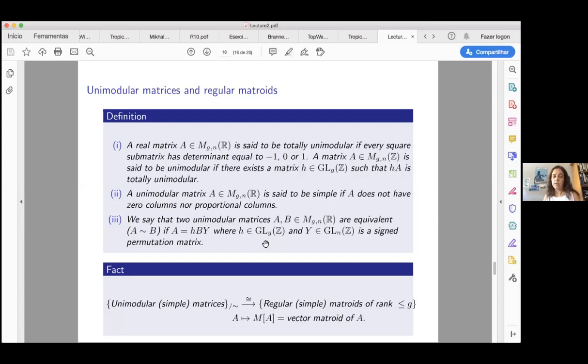So the importance of unimodular matrices for us is that simple unimodular matrices up to this equivalence relation are in one-to-one correspondence with regular simple matroids of rank at most g, meaning that you associate to the matrix the vector matroid associated to the unimodular matrix, which is going to be a regular matroid.